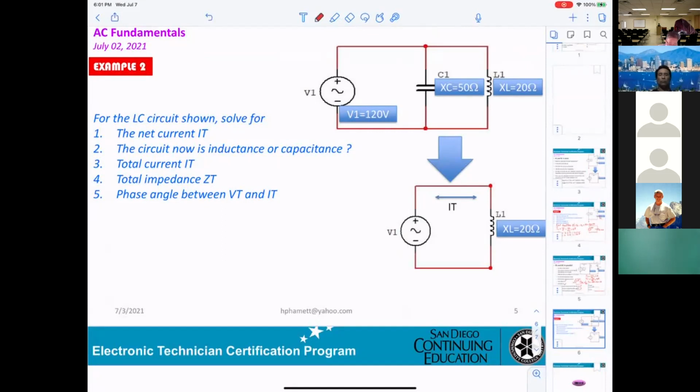That means you need to calculate the current IC, which is V over XC. That means 120 volts divided by 50. 120 divided by 50 gives you 2.4.